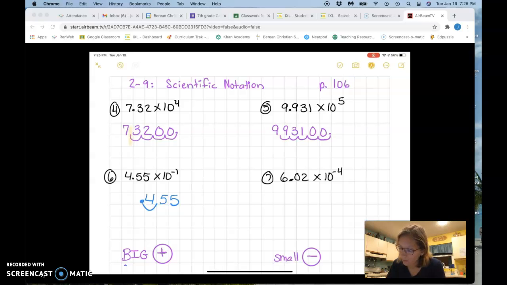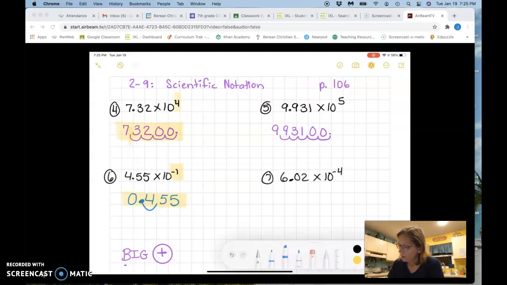That's where my new decimal goes, and I'm just going to put that 0 in front because they like to write decimals with a 0 in front, okay? So again, let's check. Up here, I have a large number and a positive exponent. Down here, I have a small number, because it's a decimal, with a negative exponent, okay?